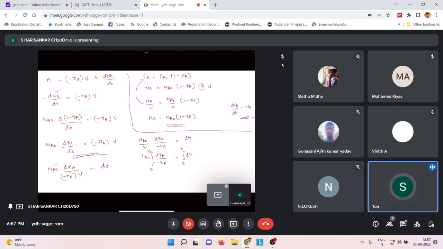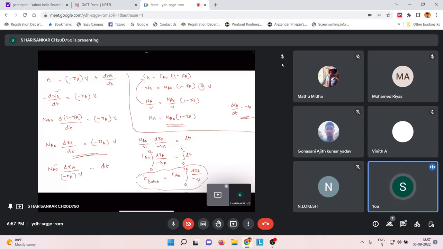So on the right hand side, integral 0 to t of dt is t, or we can write it as t batch is equal to Ca0 into integral of 0 to Xa dXa by minus Ra. Okay. So this is the general design equation for a batch reactor.